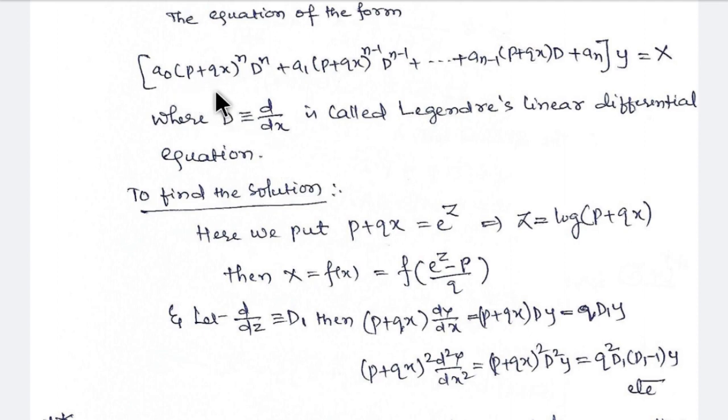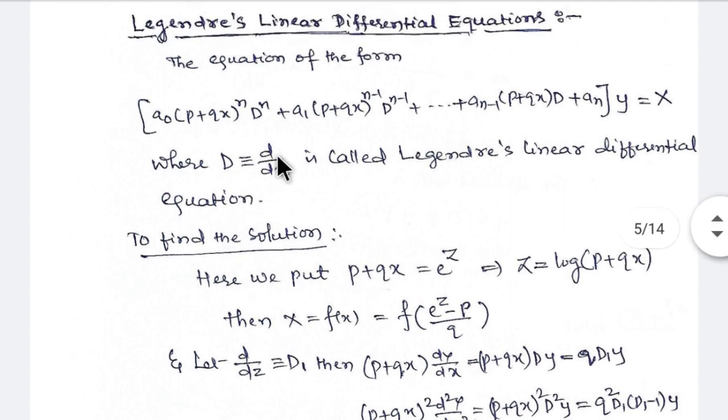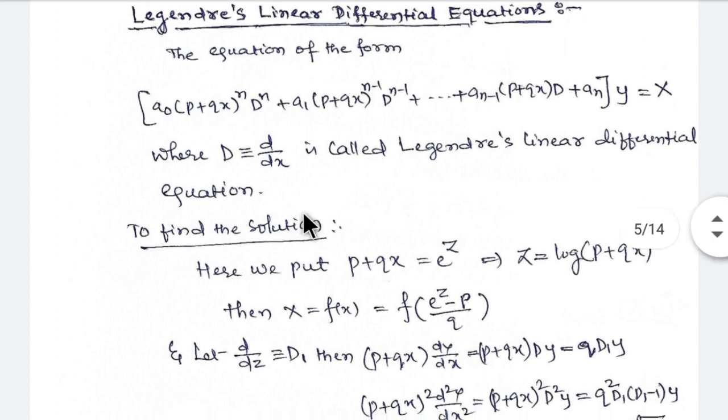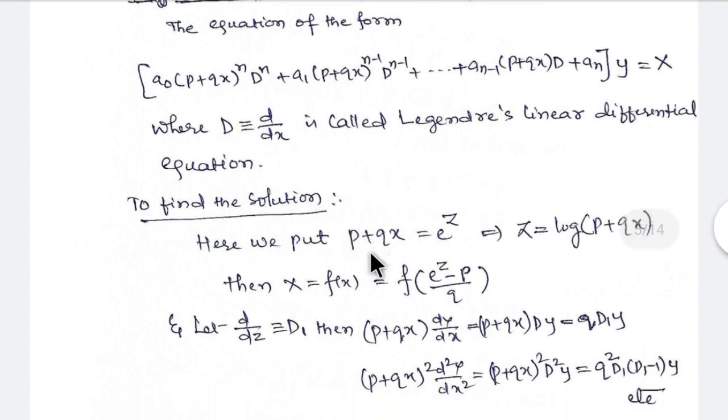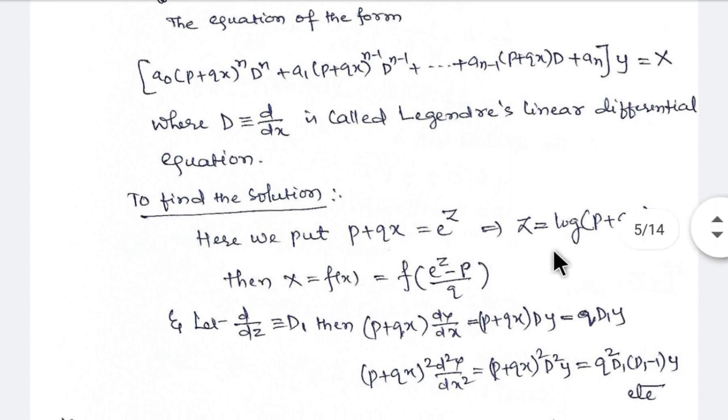This is another form of the homogeneous linear equation, with the particular name Legendre linear differential equation. So you put P + Qx = e^z, then z = log of (P + Qx).